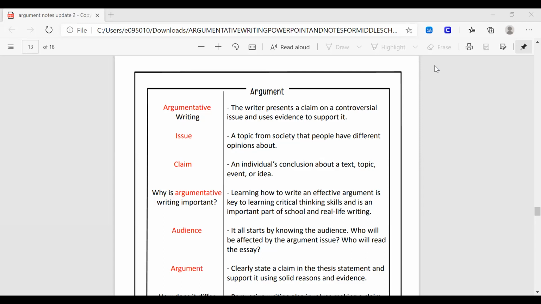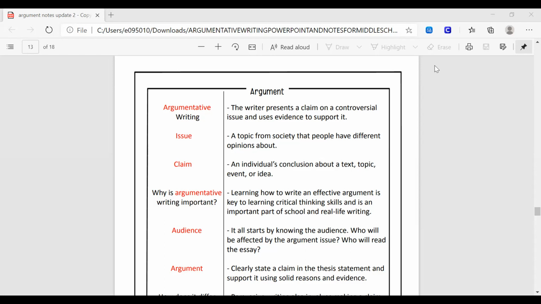This is when the writer presents a claim on a controversial issue and uses evidence to support it. So the writer makes a claim or a statement on a controversial issue, and then the writer uses evidence to support it. So they make a claim, they take a stand, they're making a point that one side is better than another.